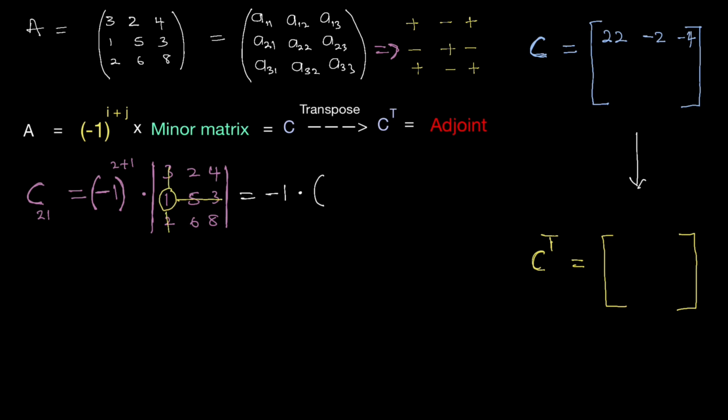Any element not on the line will be the minor matrix elements, and we need to find the determinant, which is 8 times 2 minus 6 times 4. So that means 8 times 2 minus 6 times 4, and that is -1 times 16 minus 24, which is -1 times -8, which is 8. So we're going to have 8 there.